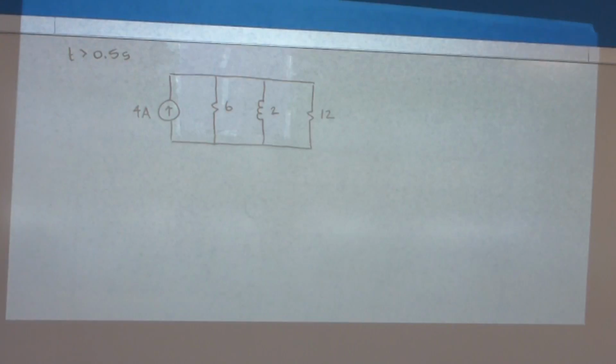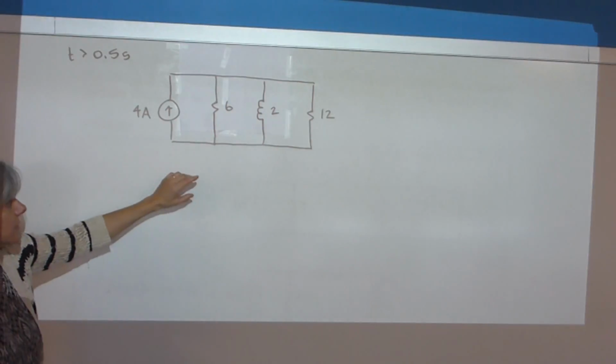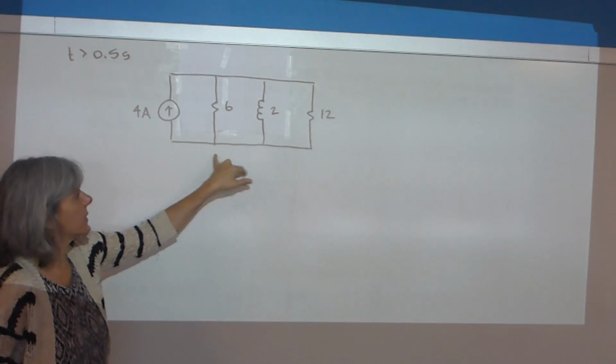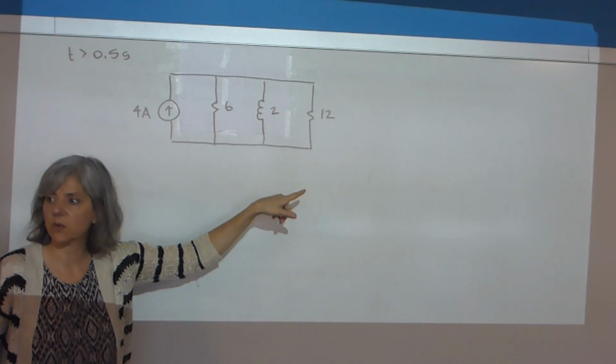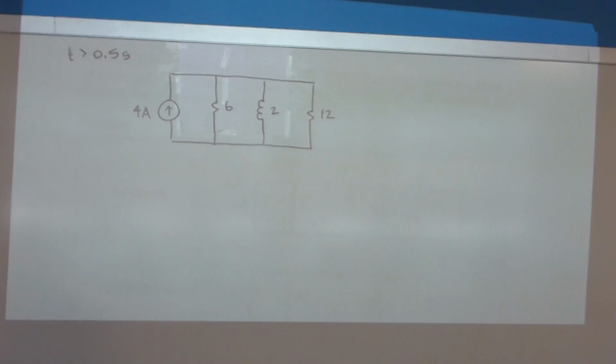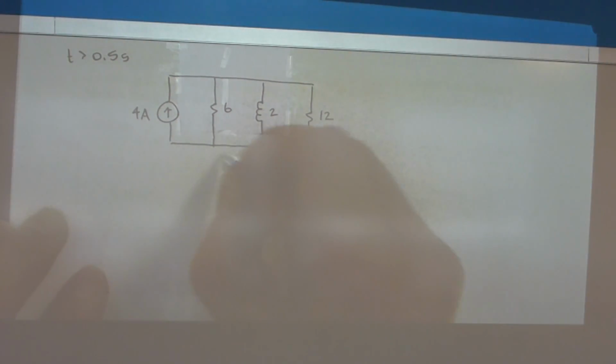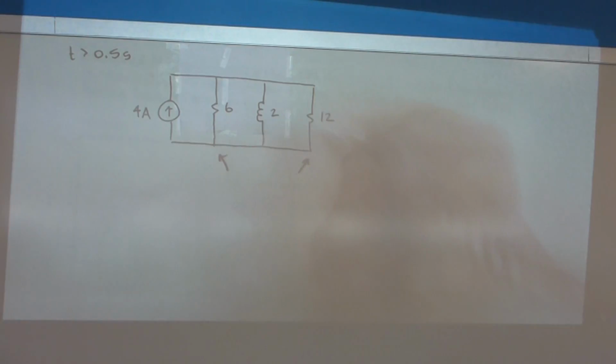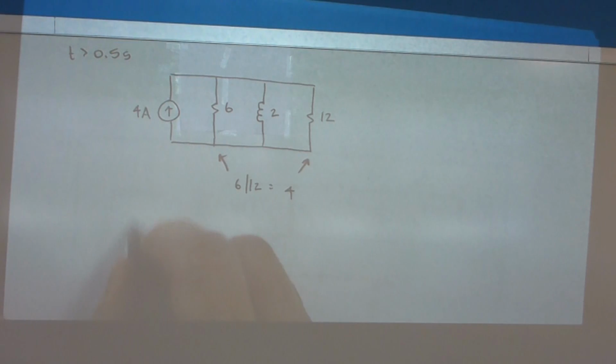Clearly we have an easy thing we can do here. Sorry about the focus. We can combine these two resistors, 6 and 12 in parallel, no problem. 6 in parallel with 12, I believe, is 4.